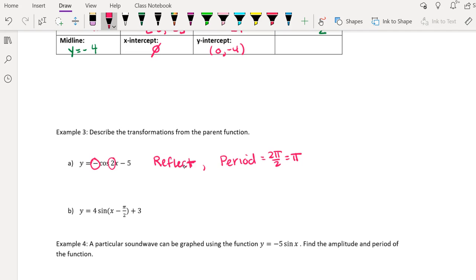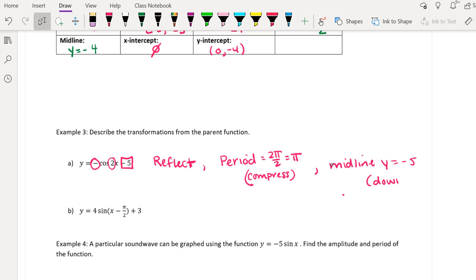So that means that we have a compression. We've smushed our graph together. And then the -5 tells me that my midline is shifted to y equals -5. So we've gone down 5 units.